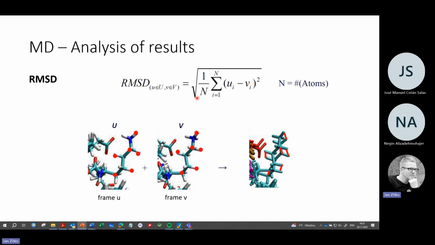Then you divide, because it's a mean square deviation, which means you normalize by the number of atoms. So it's an average displacement, averaged over all the atoms.